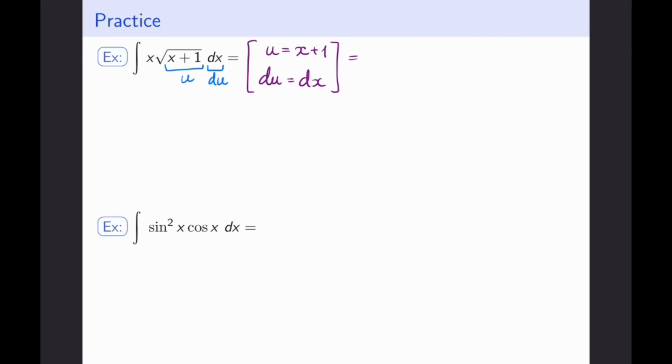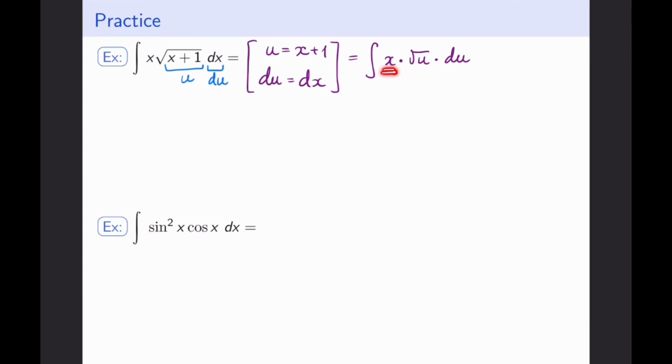So here then, what am I going to have? I have this x in the front. I'm going to leave it for now. I have square root of u, and then I have dx, which is the same as du. So now I am faced with the problem of having this x out here. Can I rewrite this x in terms of u?